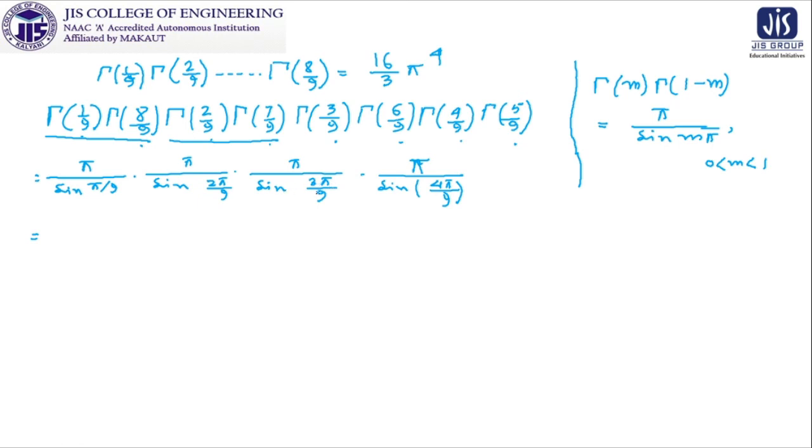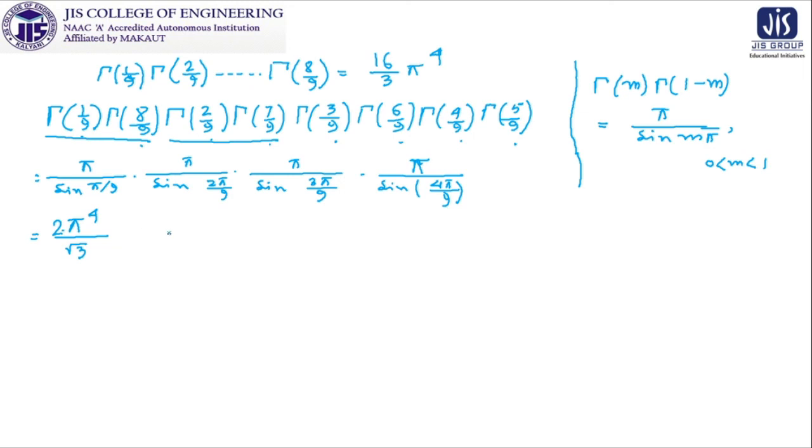So sine 60 degrees means root 3 by 2, and so we will get, as 4 pi's are here, pi to the power 4 by root 3 by 2, root 3 and 2 is coming here. Clear?